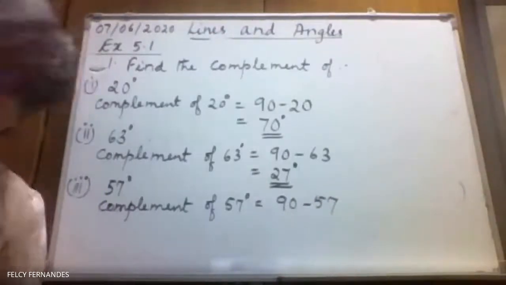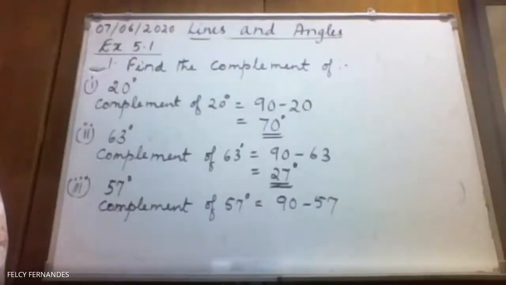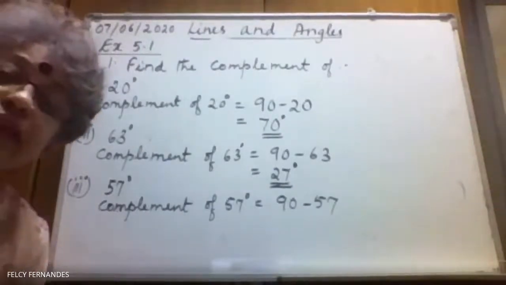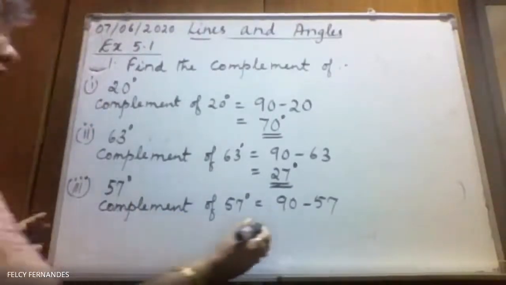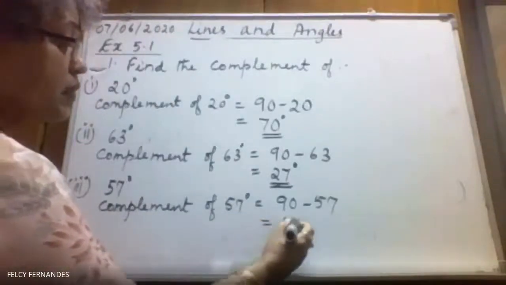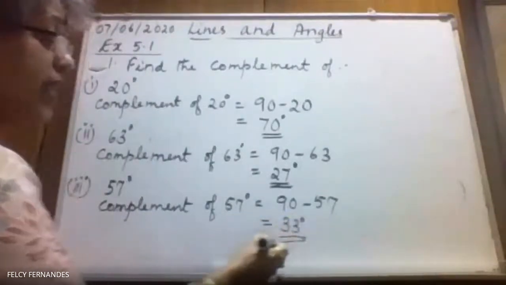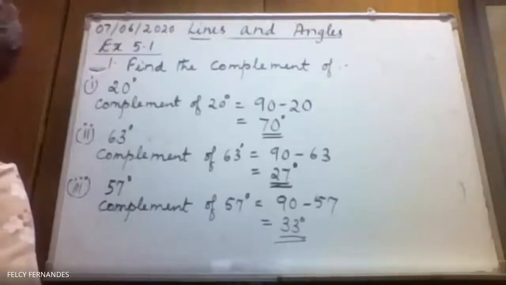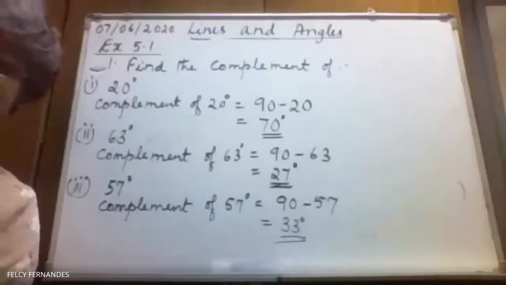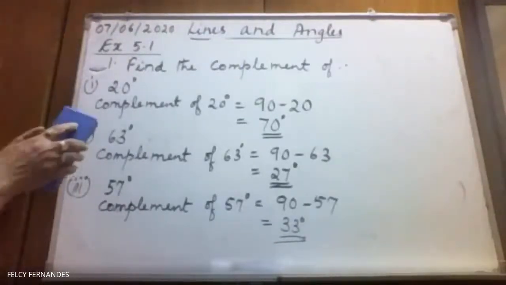Subtract and tell me the answer. Yes, correct. 33 degrees. I hope you are clear now. When I say find the complement means subtract it from 90 degrees. That gives you the answer.